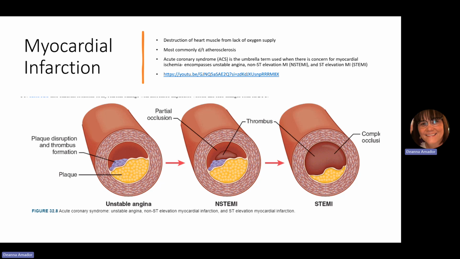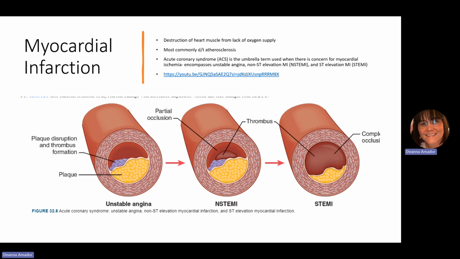In your book, they have a good table on page 708. It's table 32.2, and this shows the different characteristics side by side of unstable angina versus non-STEMI, or a non-ST elevated MI, versus an ST elevated MI, or a STEMI.